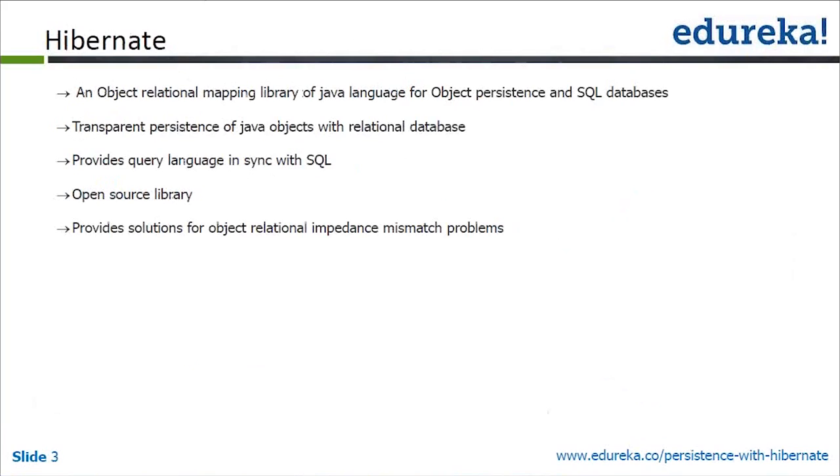Hibernate, as the name mentions, is basically a framework. It is a framework for relational database management systems. So what happens if you don't have Hibernate? In a real-time database system scenario, we have a lot of databases. We have Oracle, we have MySQL.